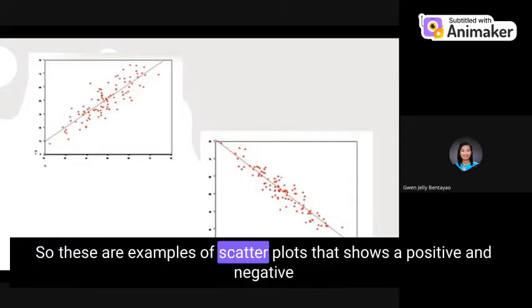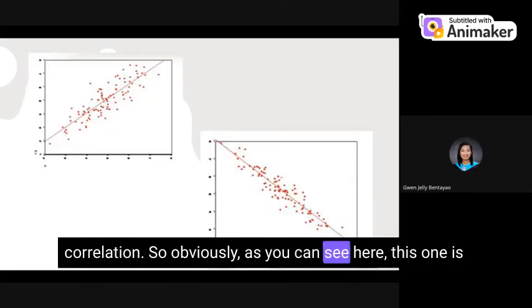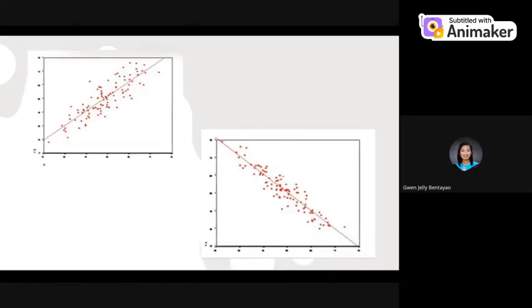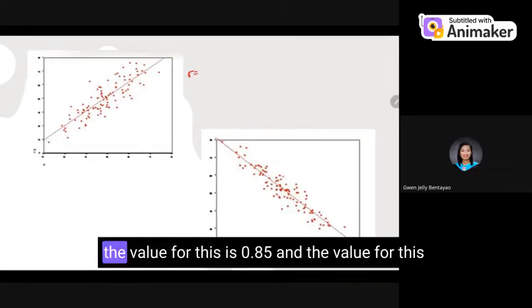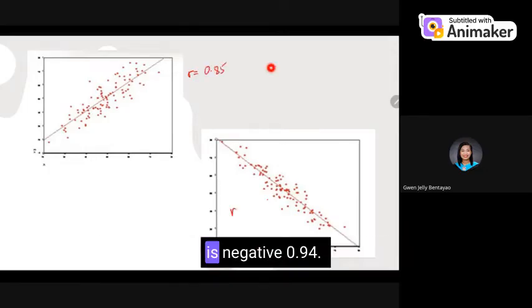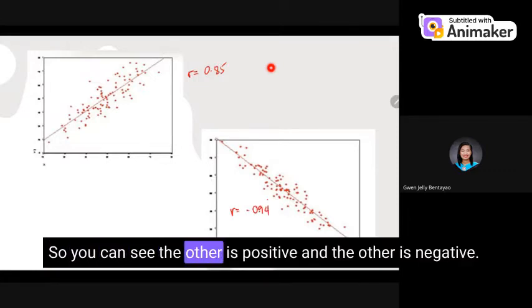These are examples of scatter plots that show a positive and a negative correlation. As you can see here, the value for this one is 0.85, and the value for this one is negative 0.94. So you can see one is positive and the other is negative.